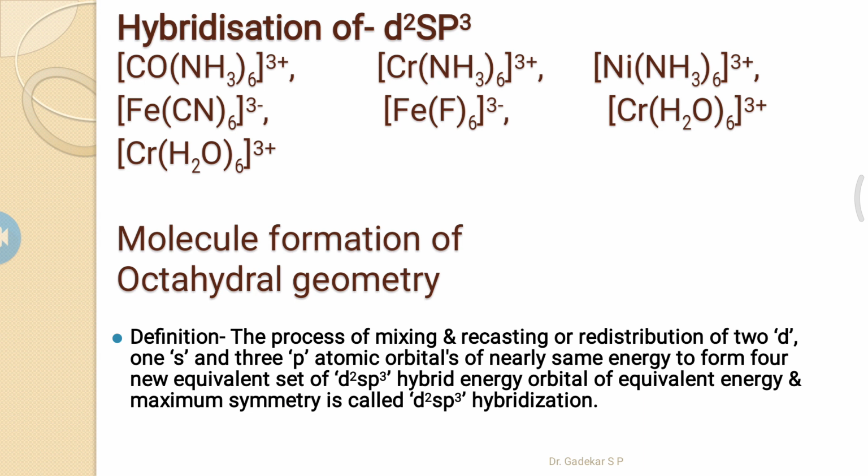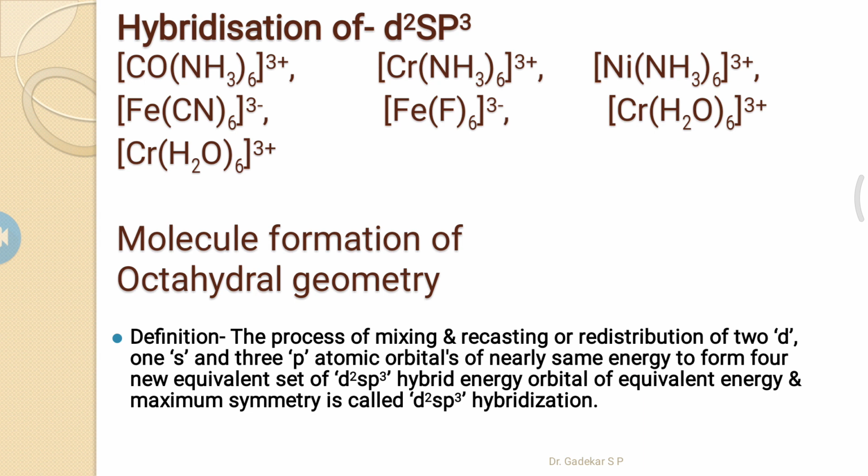In this, the hybridization involves 2d orbitals, 1s orbital and 3p orbitals. Okay, so that means 6 orbitals are involved. D orbitals have different energy, S orbitals have different energy, and P orbitals have different energy. So these different energy orbitals mix and hybridize to form equivalent energy orbitals.